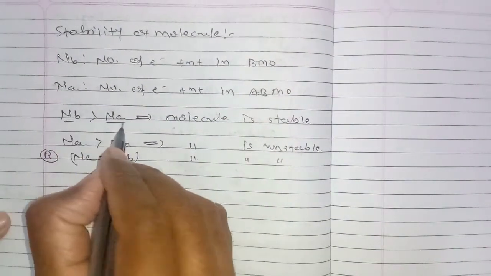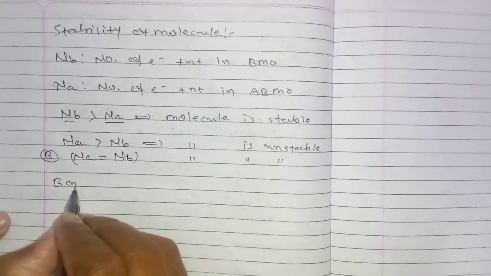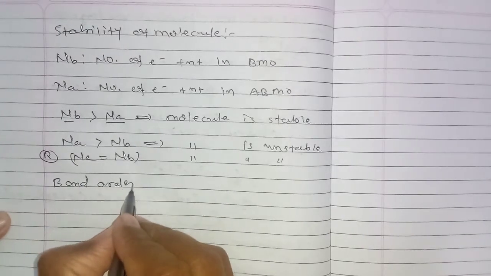From Nb and Na we can easily calculate the bond order.